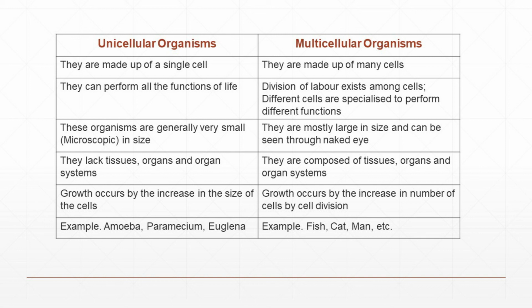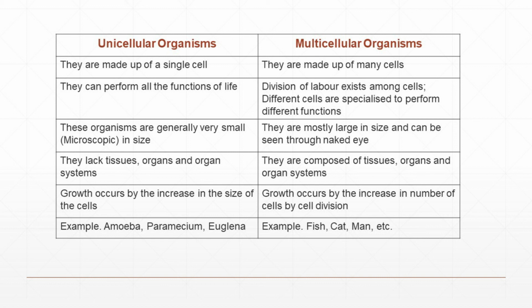They are composed of tissues, organs and organ systems. That means cells combine together and form tissues. Tissues of the same size and the same function are grouped together to form organs. The organs which are connected together and perform one important function are called an organ system.